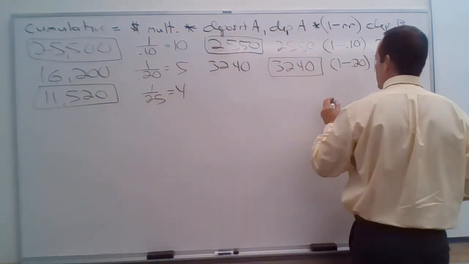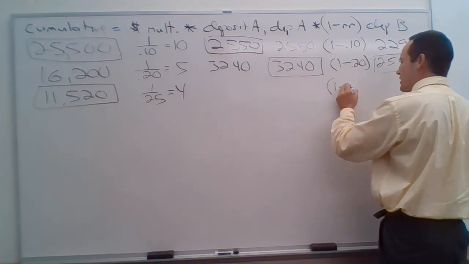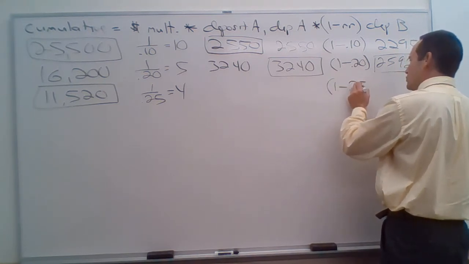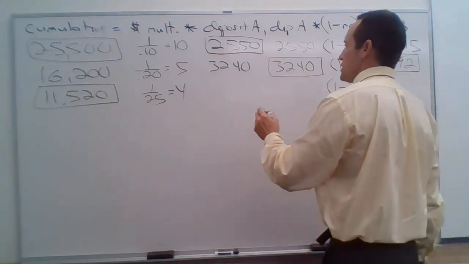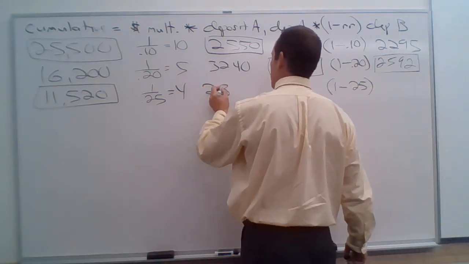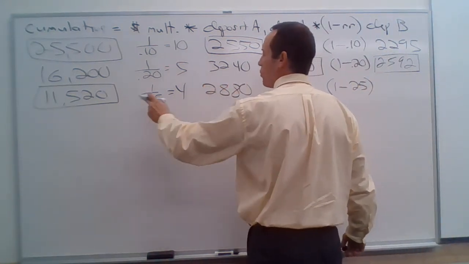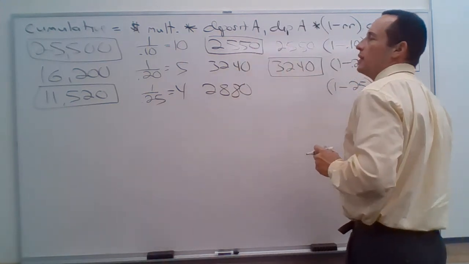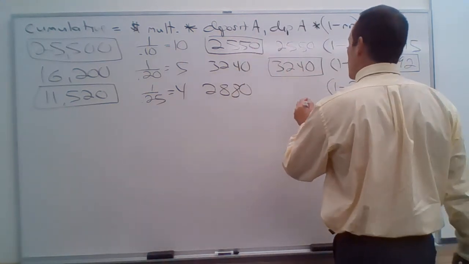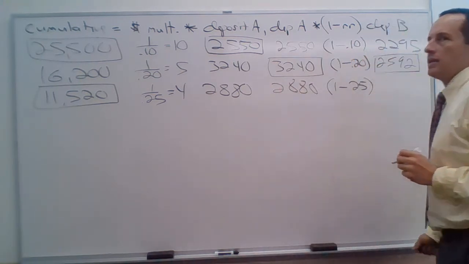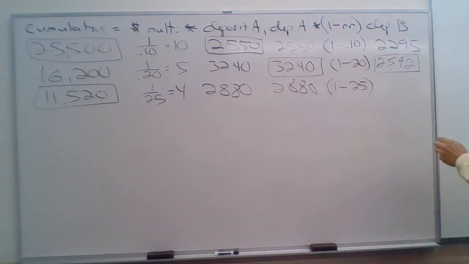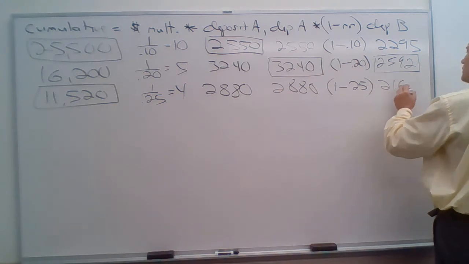So let us run over here and plug that in. So banks are allowed to lend out 75% of any deposit. So this here is going to work out to be 2,880. 1/4 of 11,520 is 2,880. If we plug this in, 2,880 times 0.75 will give us 2,160. Good.